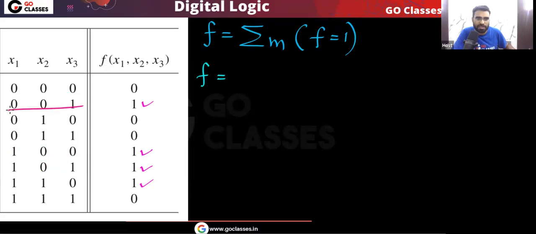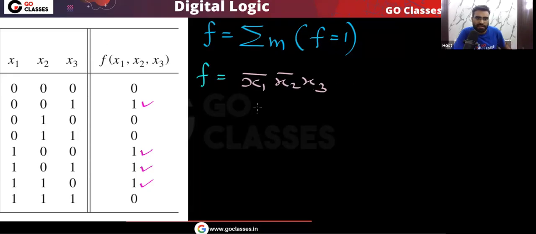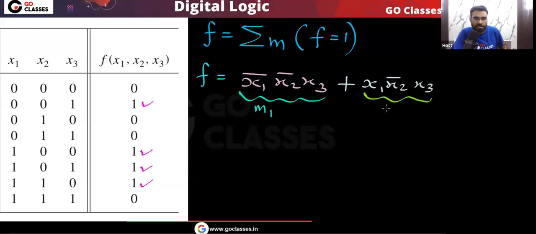Which minterm is this? This is x1 bar, x2 bar, x3. Okay, so this is the minterm, right? This is our minterm 1. Correct. Or, which minterm is this? This is x1, x2 bar, x3. This is another minterm, our minterm 4.